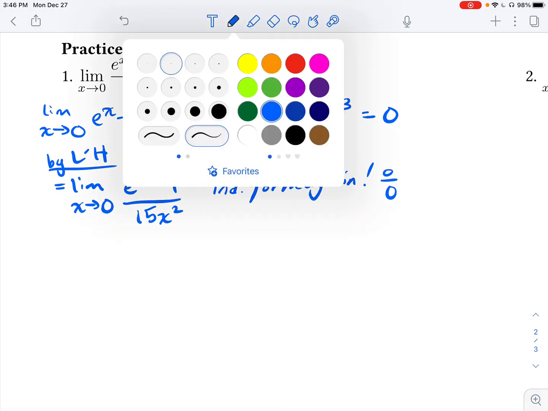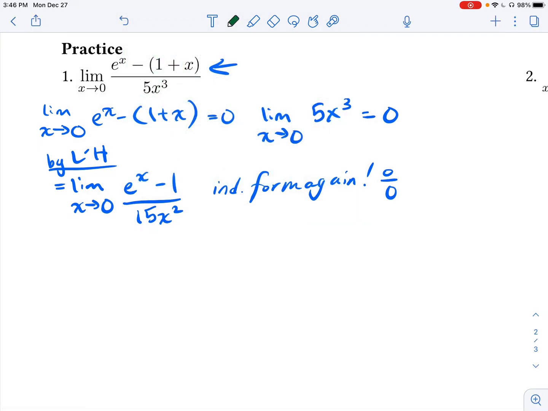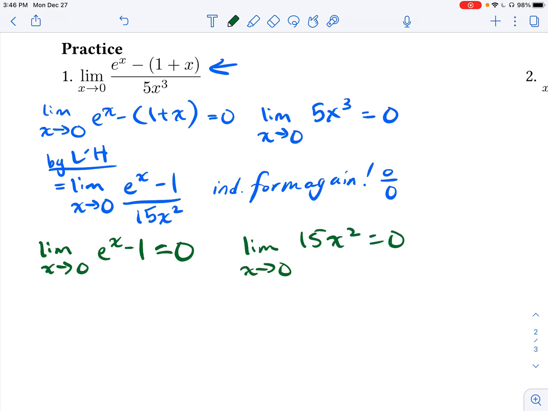So I'm going to do this in a separate color, but we are continuing on the same problem. Now we're going to take the limit as x approaches 0 of e to the x minus 1, which we're seeing, again, this was equal to 0. And the limit as x approaches 0 of 15x squared, this also is equal to 0.